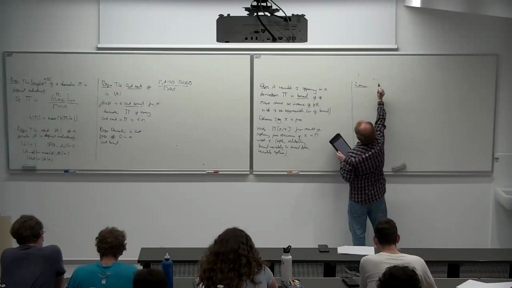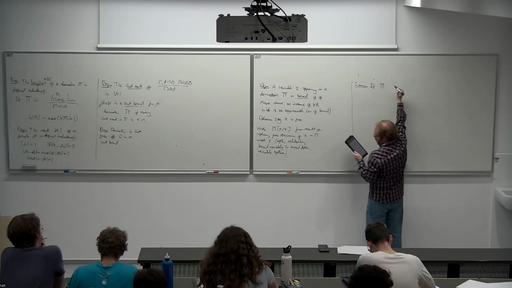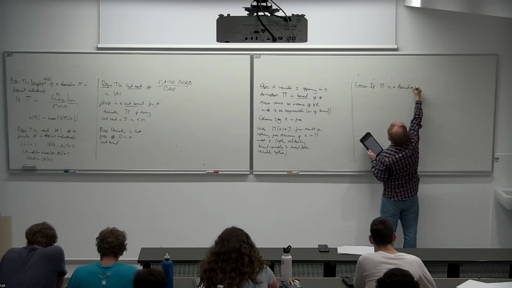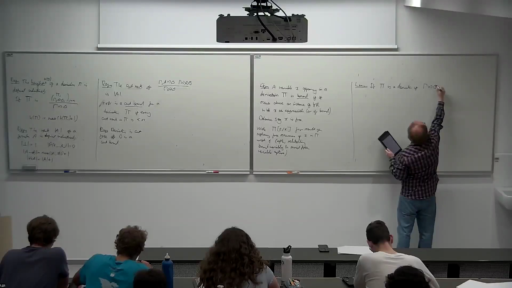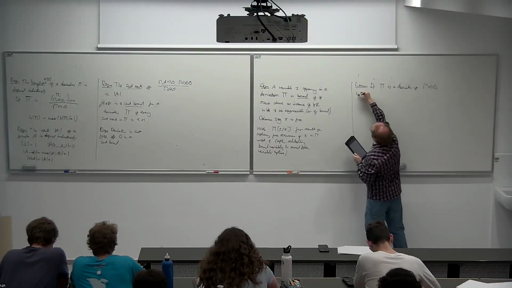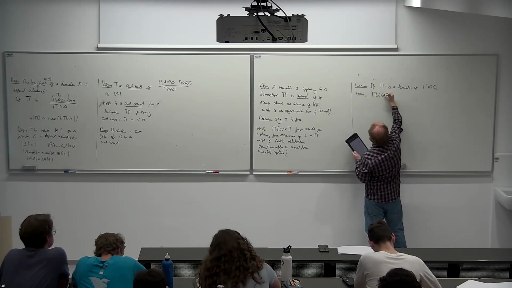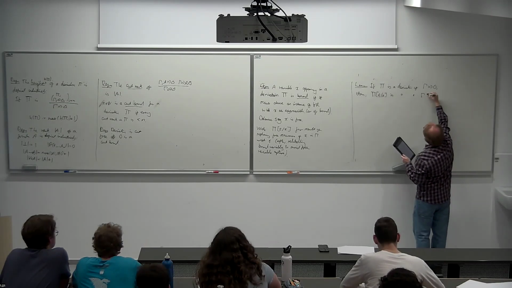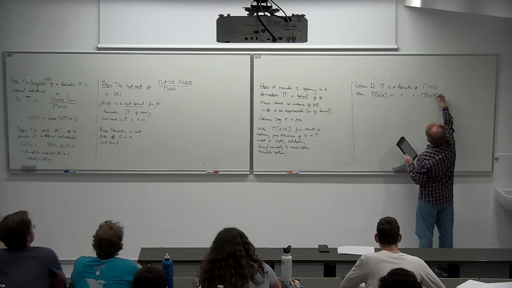This allows us to show the substitution lemma. So if pi is a derivation of gamma, delta, pi of t replace x is a derivation of the sequence again substituting t for x.